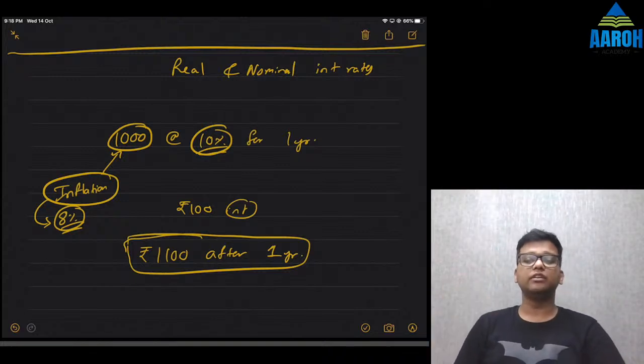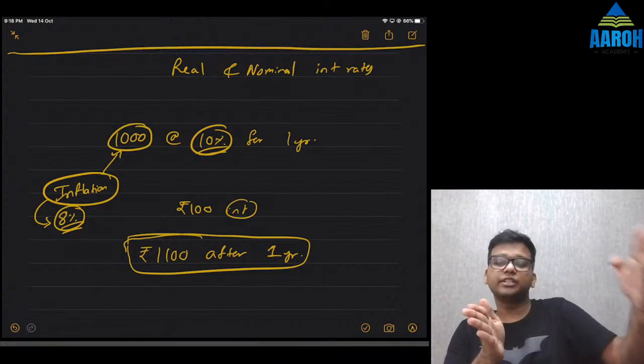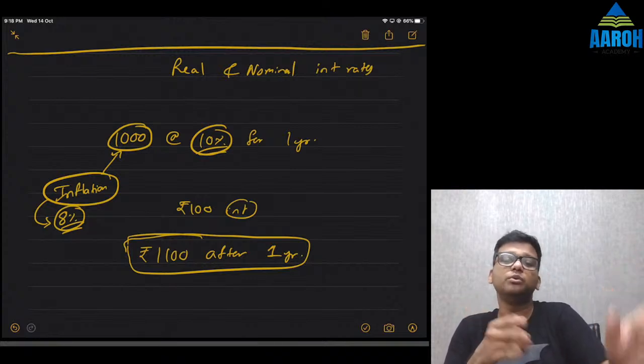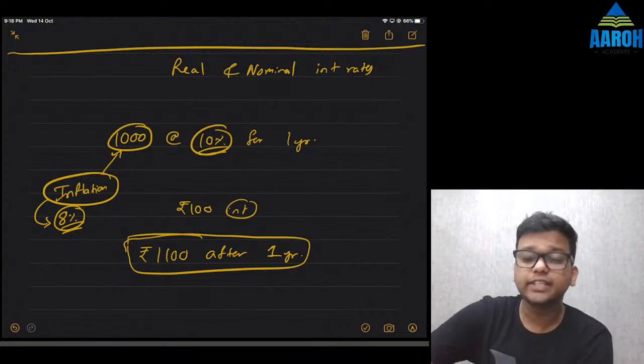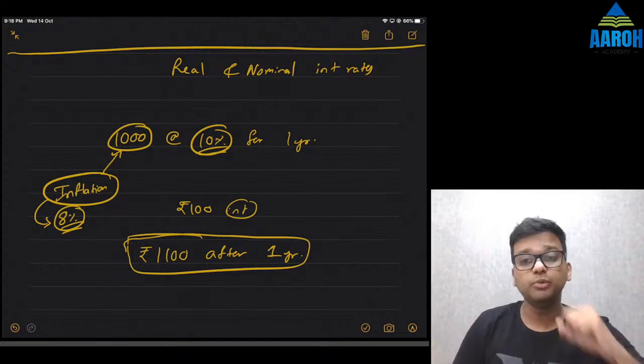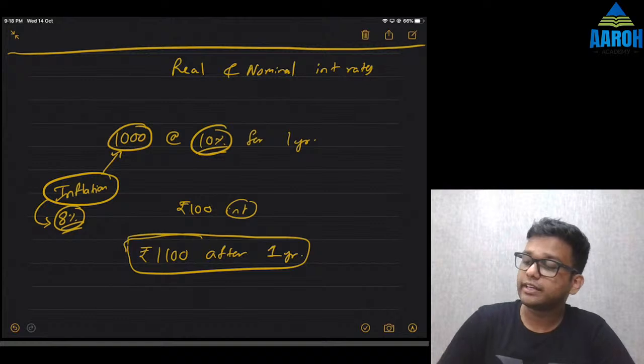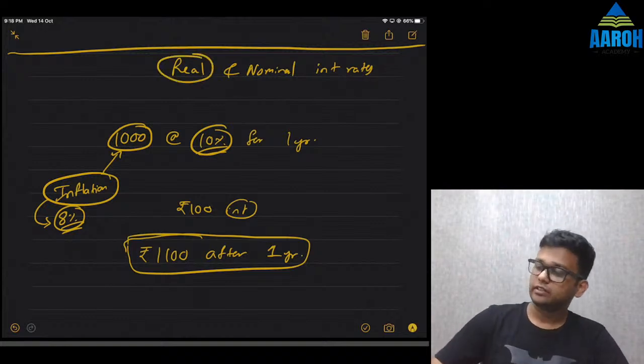If we consider that prices increased by 8% and you got interest of 10%, that means actually you got only 2% extra. So that inflation impact, if we remove, then that is called real interest rate. This 10% is called nominal interest rate.